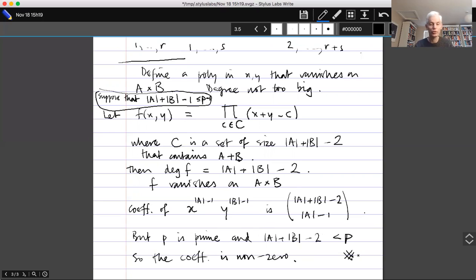We've managed to find a polynomial that vanishes, but it has a non-zero coefficient and this degree here. So we're doing it with d1 equals the size of A minus 1 and d2 equals the size of B minus 1. Getting a contradiction. So in the case that the size of A plus the size of B minus 1 is less than or equal to, or actually I could have had minus 2 less than or equal to p minus 1.